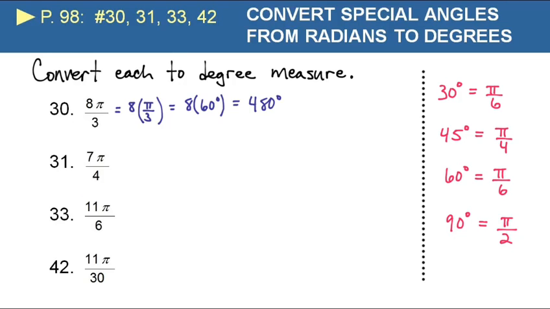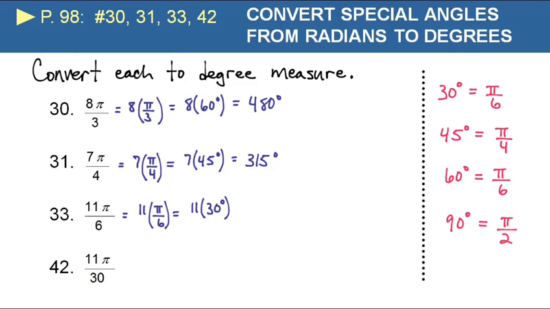And now let's look at 7 pi over 4. We recognize pi over 4 as one of our radian equivalents, so we'll write 7 times pi over 4 equals 7 times 45 degrees, because that's an even trade, and then 7 times 45 is 315 degrees. For 11 pi over 6, we will trade out the pi over 6 for 30 degrees, and 11 times 30 degrees is 330 degrees.